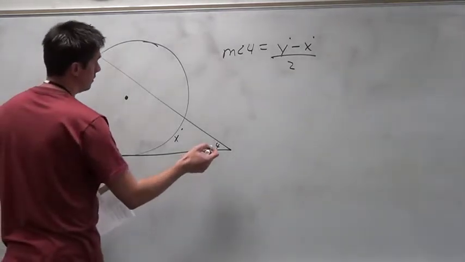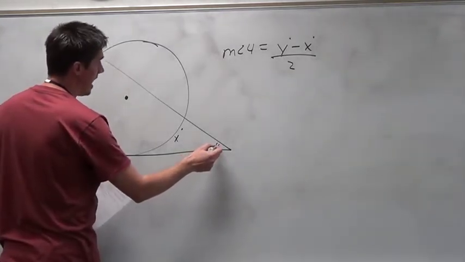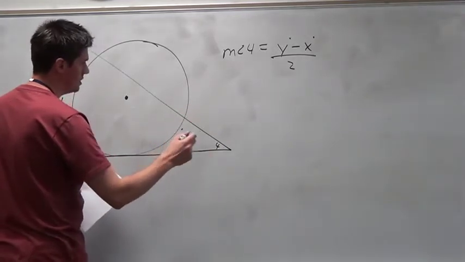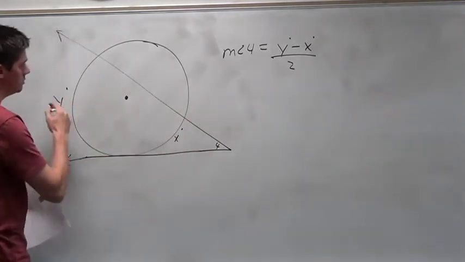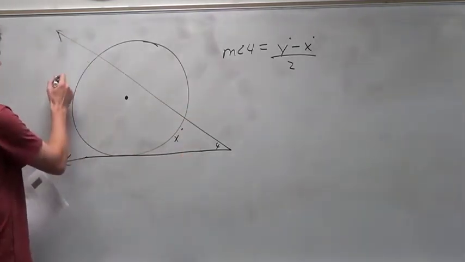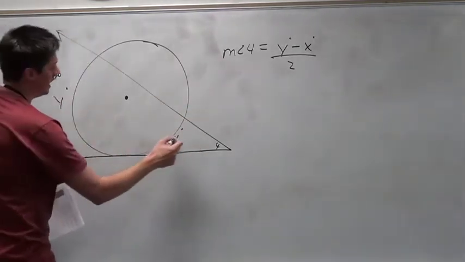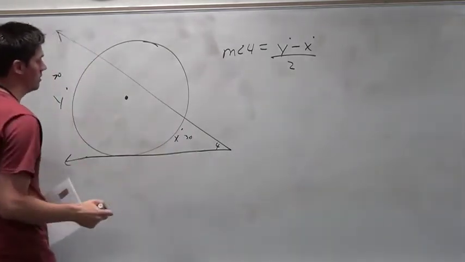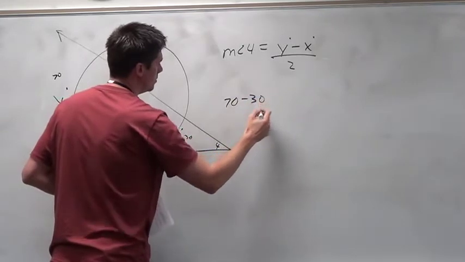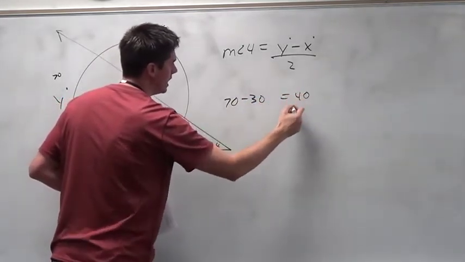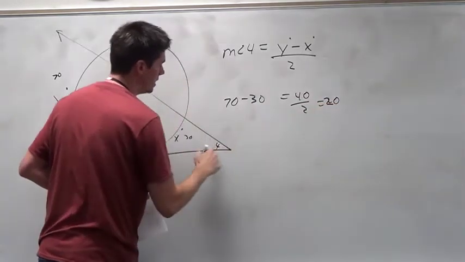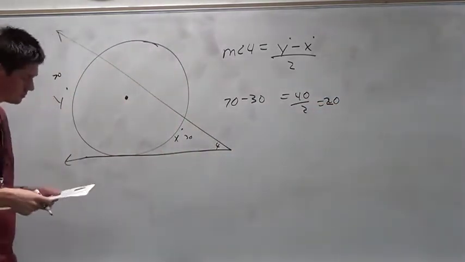So we subtract the 2, and then we take half, which is divided by 2. If this was 70 and this was 30, for example, 70 minus 30 would be 40, and then we would divide by 2, and then our angle would be 20.